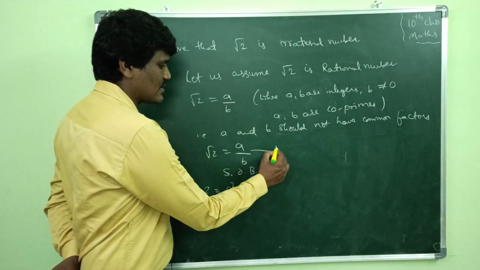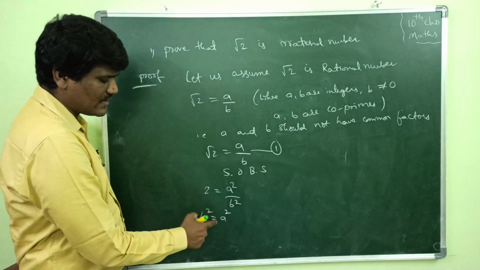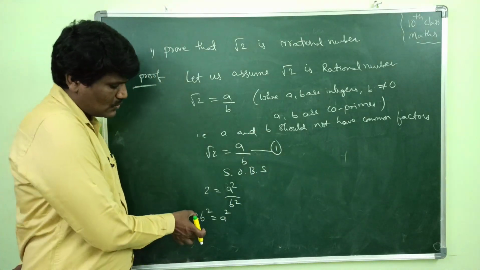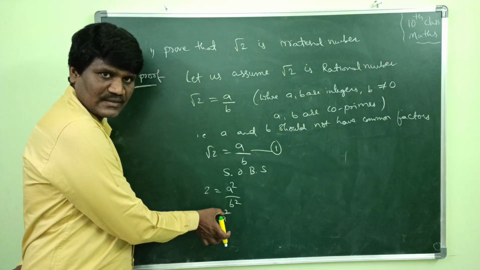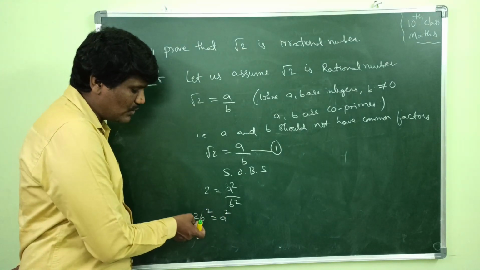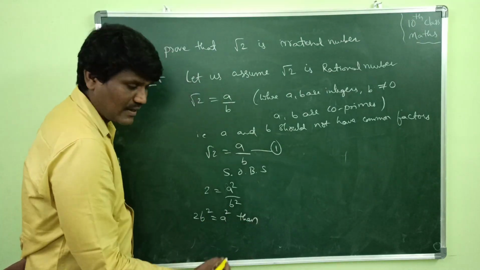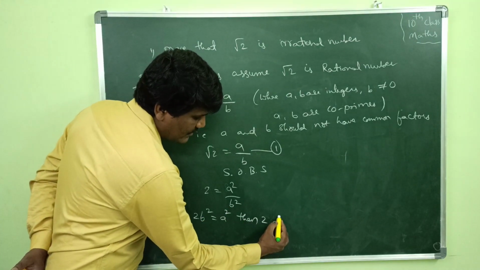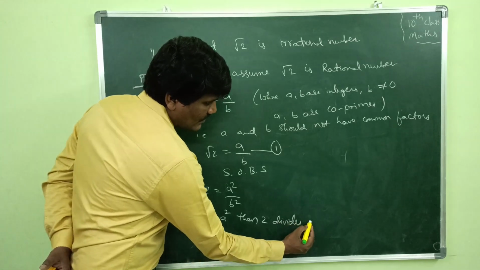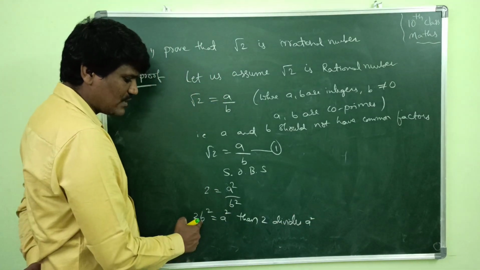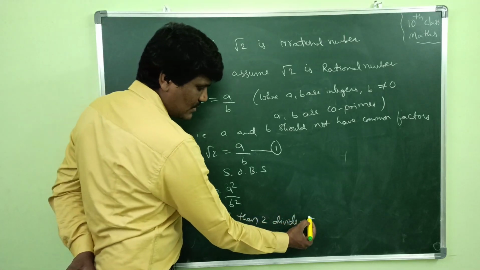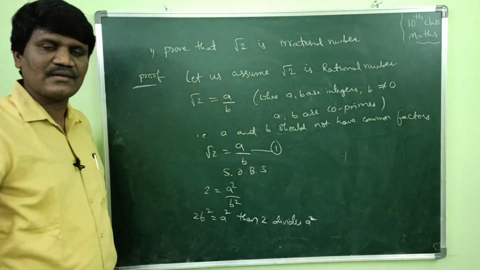Say this is equation number 1. 2b square is equal to a square is nothing but 2 times something is equal to a square, so I can write 2 divides a square.